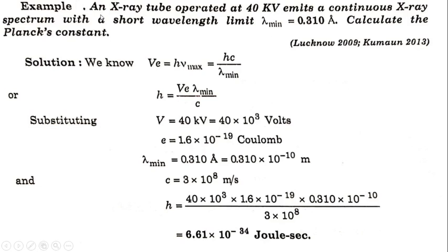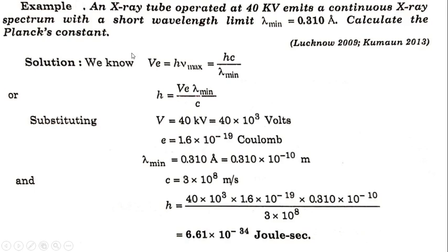Now an X-ray tube operated at 40 kilovolt emits a continuous X-ray spectrum with a short wavelength limit lambda minimum equal to 0.310 angstrom. Calculate the Planck constant.